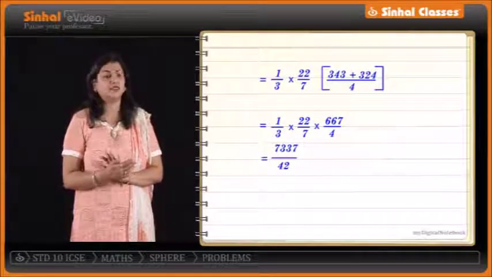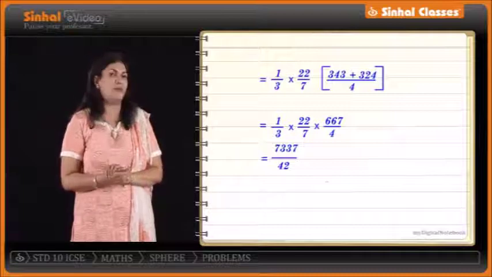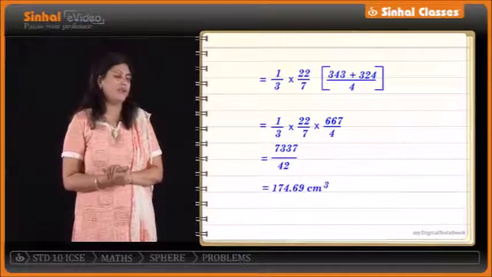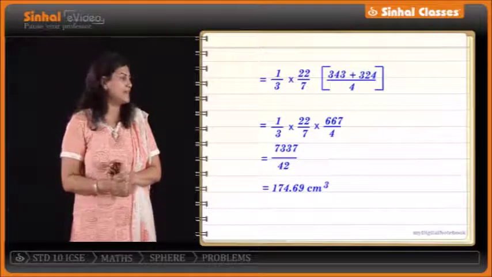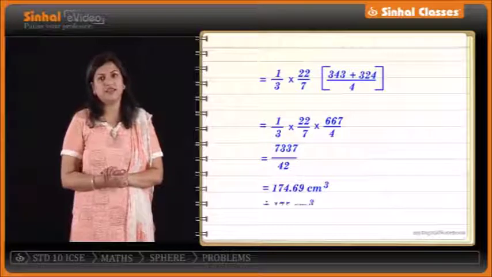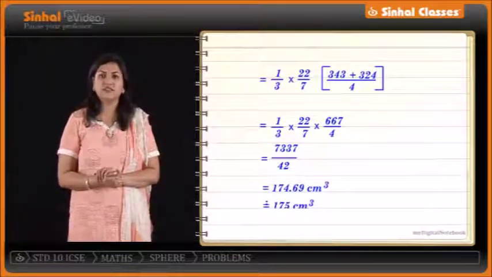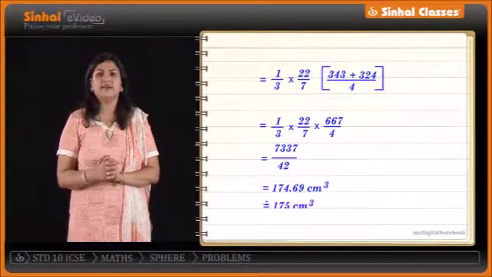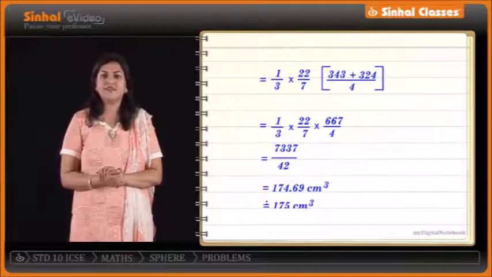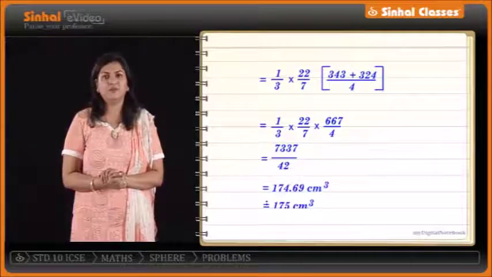Now divide this to get 174.69 centimeter cube. So we have the volume of the ice cream cone as approximately 175 centimeter cube, because we are told in the question to write the answer correct to the nearest centimeter cube. So we have 175 centimeter cube.